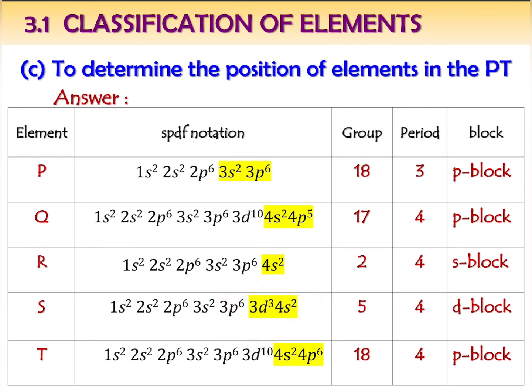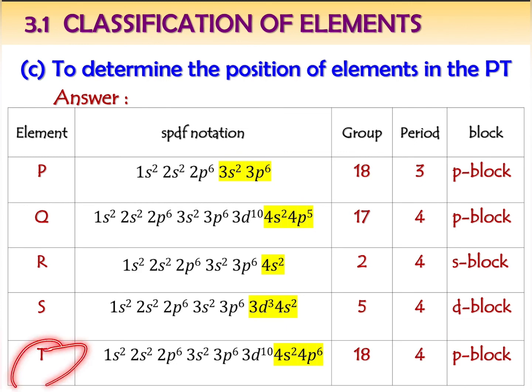So you have 5 valence electron, maksudnya dia adalah group 5. So period pula, kalau melibatkan D block elements, mesti tengok the highest value of N, which is 4. Right, so this is D block elements.